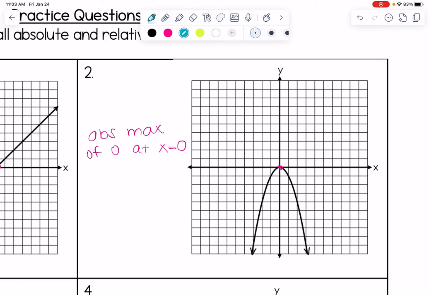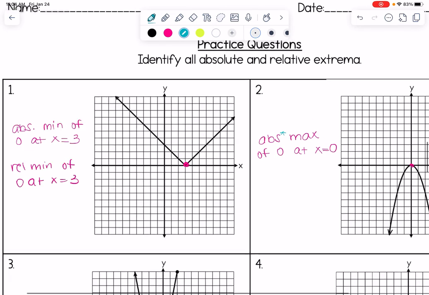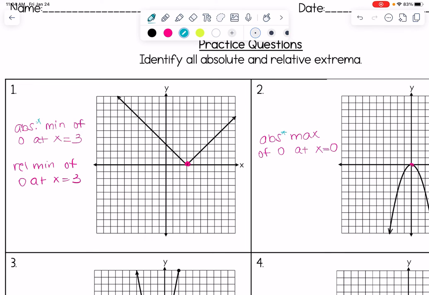For this, I'm just going to put a little asterisk and note next to this that you could also consider this relative. So on the remainder of the problems, if the absolute minima can be considered relative, I'm just going to put a little asterisk. So we can even go back to number 1 and note that too. So I'll be putting that mark for each time that would apply.